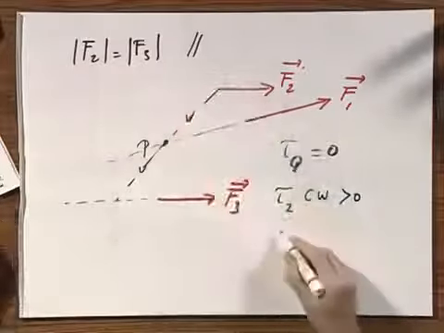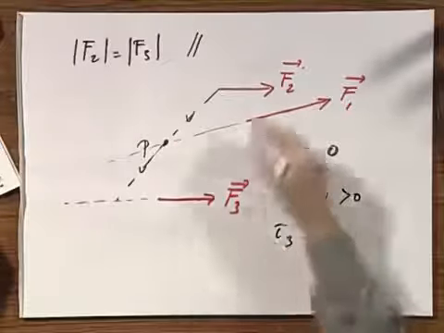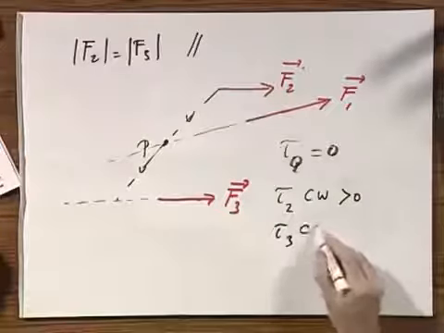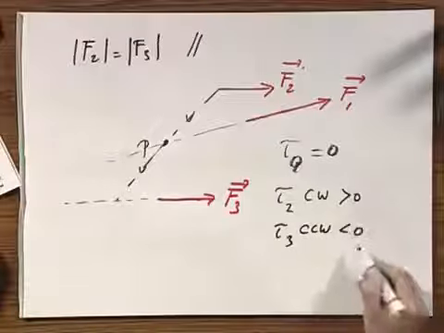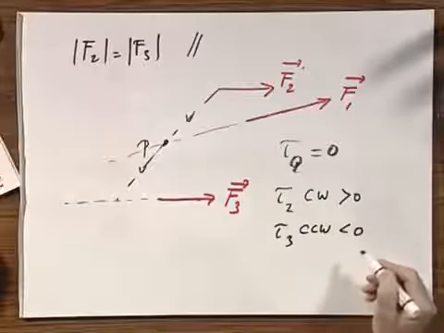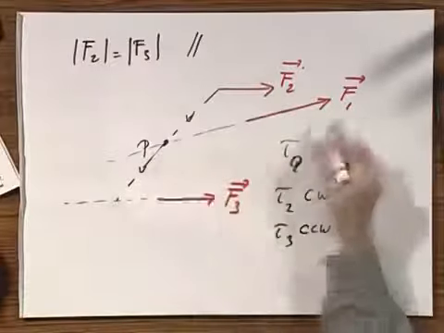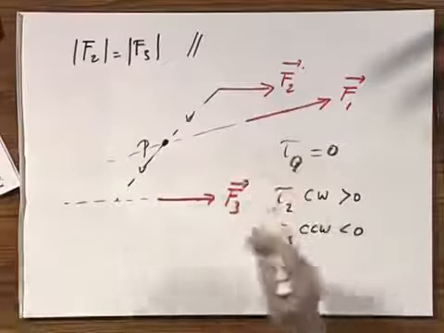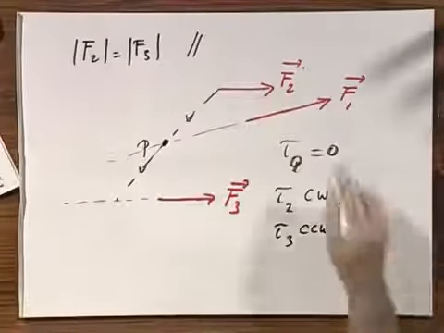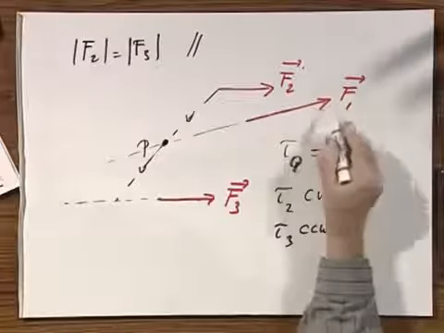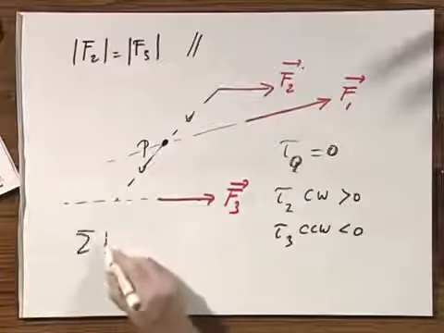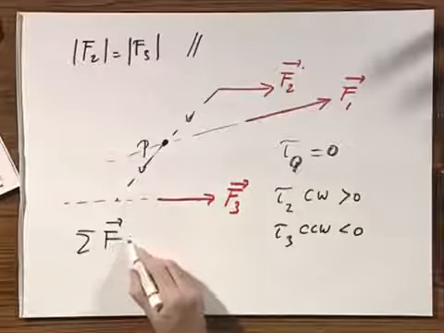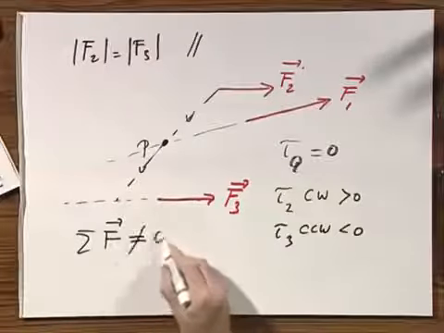Then you can immediately see that tau 3, if F3 and F2 have the same magnitude, is a counterclockwise rotation. It is negative, the torque, and the two cancel each other. And F1 goes straight through P, so r perpendicular is 0, so clearly there is no contribution to the torque due to F1. I want you to notice, though, that the sum of all forces is not 0.